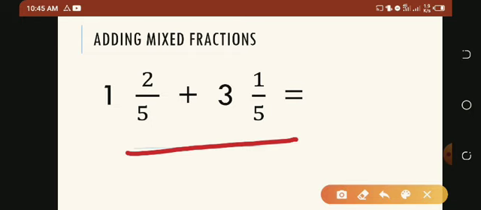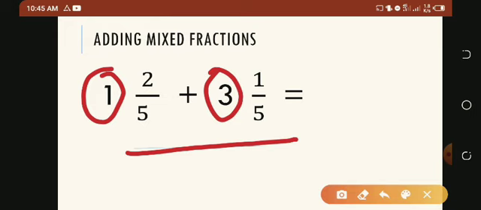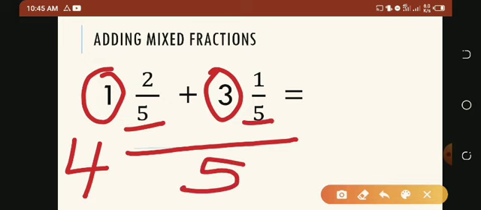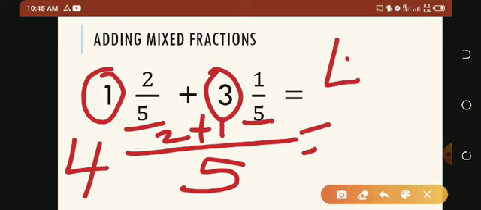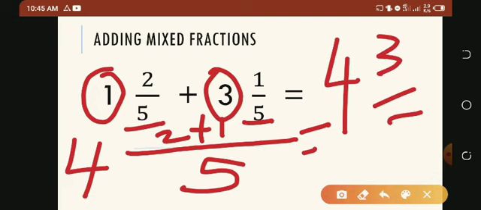I add the whole numbers first. This is 1 and this is what? 3. 1 plus 3 will give me 4. I pick my common denominator, which is what? 5. I write it under. And I say 2 plus 1. So my final answer will be 4 whole number, 2 plus 1 is what? 3/5.